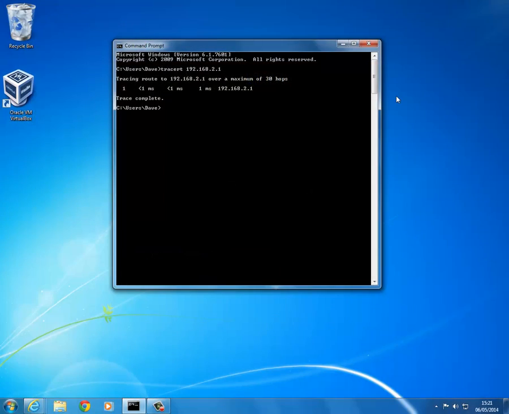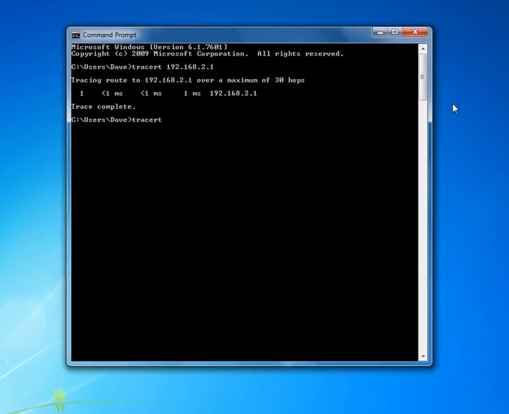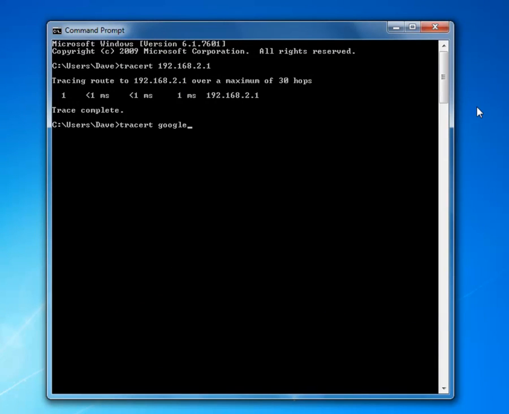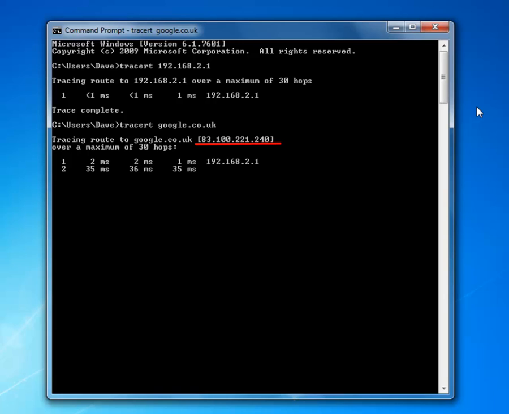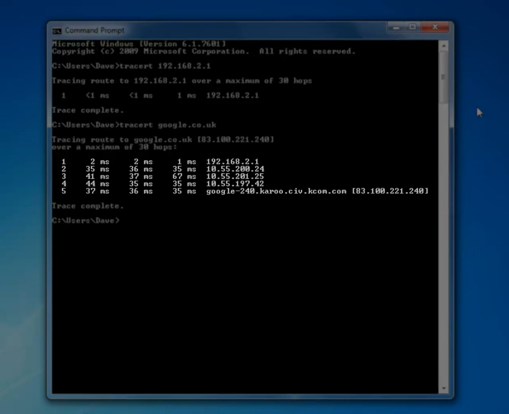As before, we shall use this command using a name: tracert google.co.uk. The first thing we should notice is the IP address, which is totally out of our network ID. But why have these hops appeared?